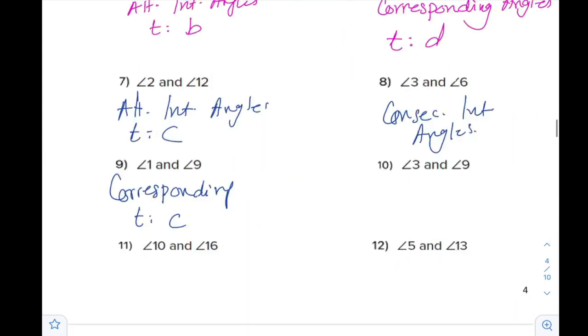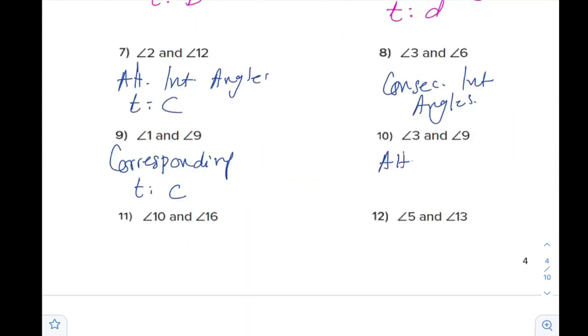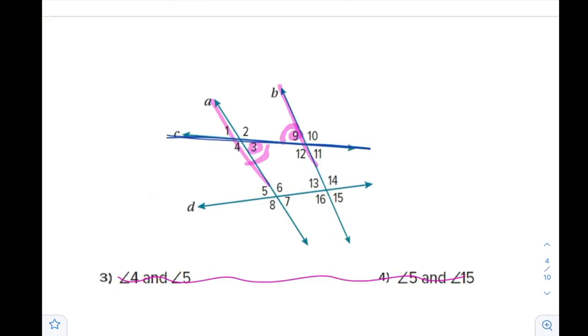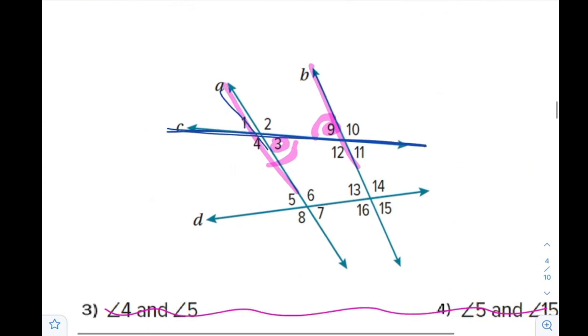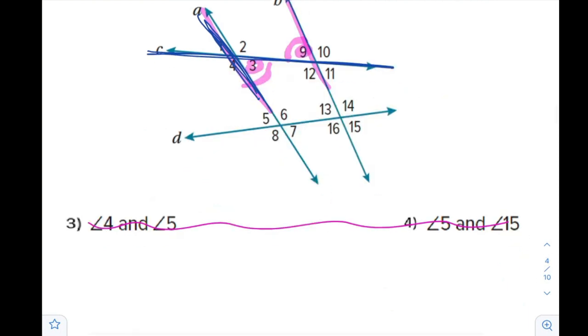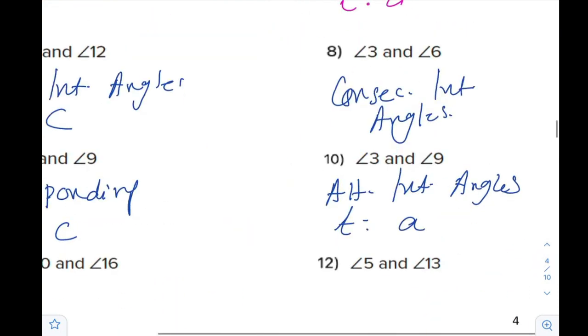So we call them alternate interior angles, and the transversal in our case is A. Right? This is A. No, actually it's C. C, not A.